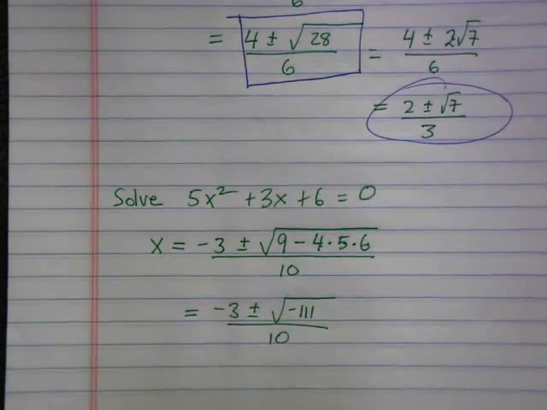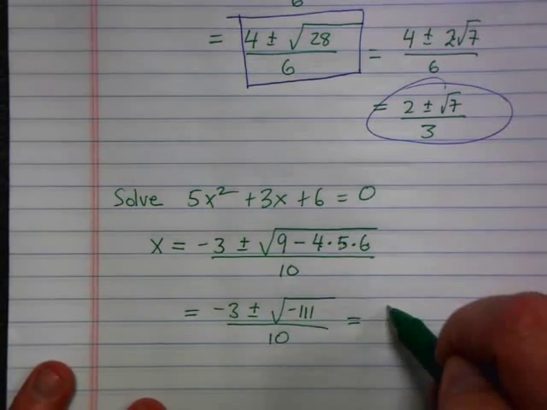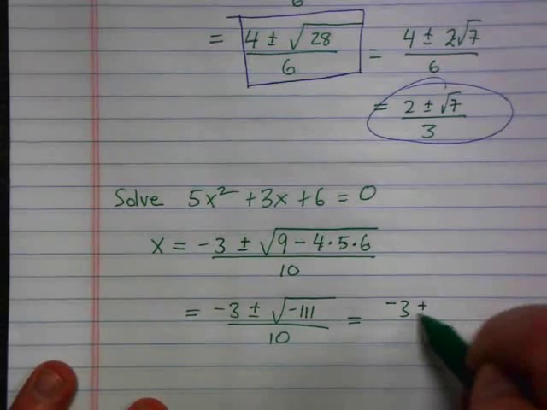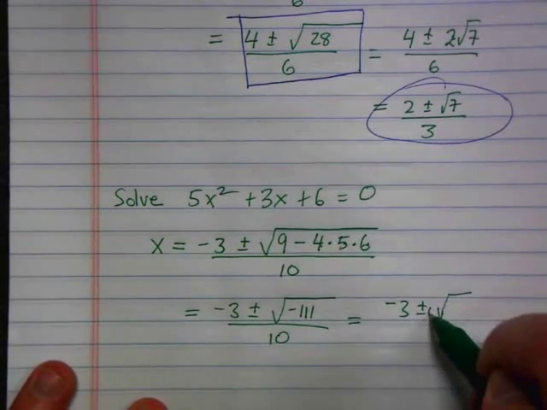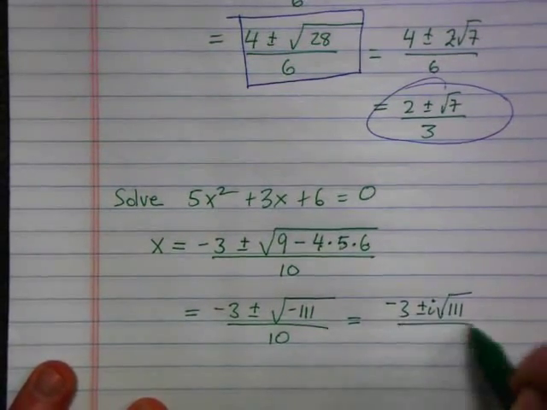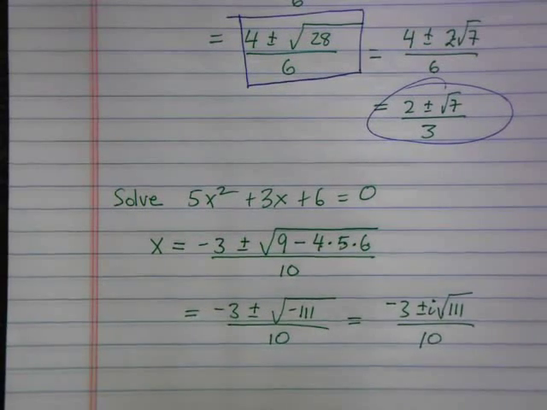We take that out and it becomes an i. So I would write this as negative 3 plus or minus i square root of 111 over 10. And I don't think the square root of 111 reduces at all. So I think that's okay. I think we can leave it just like that. Questions on that?